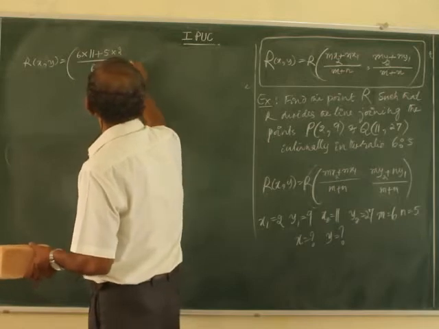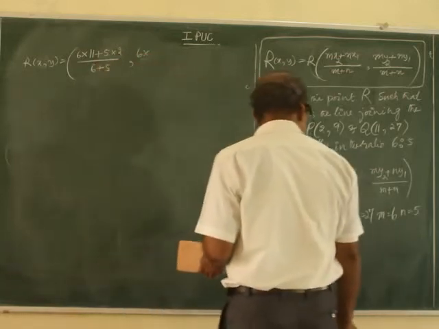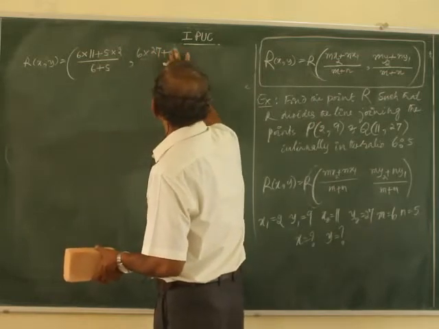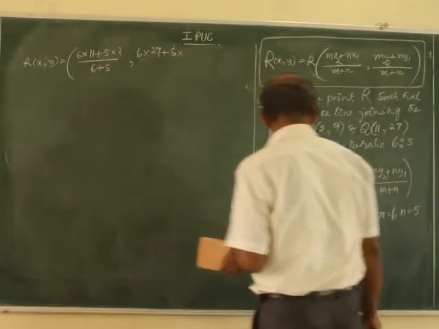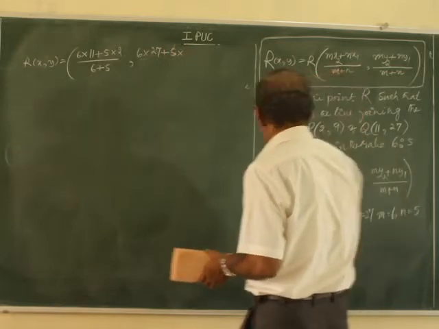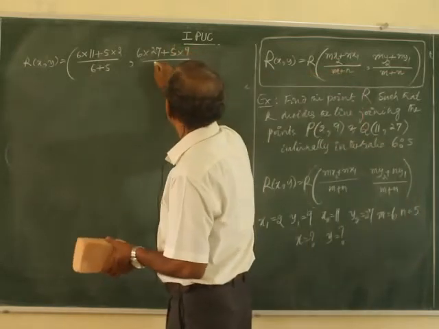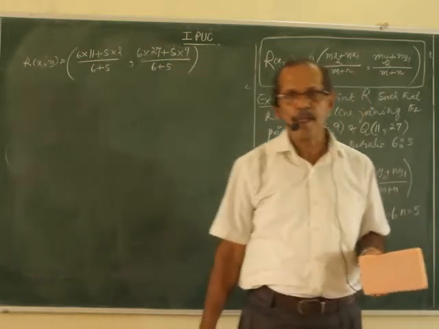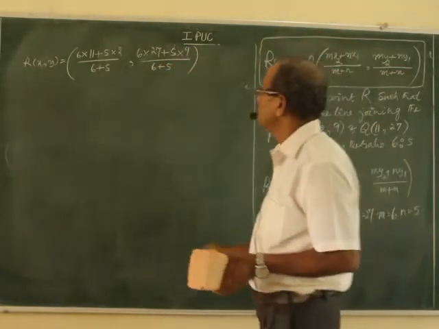Careful. my2, 27, plus ny1, 9, by m plus n. Substitution is over. Next part, simplification.